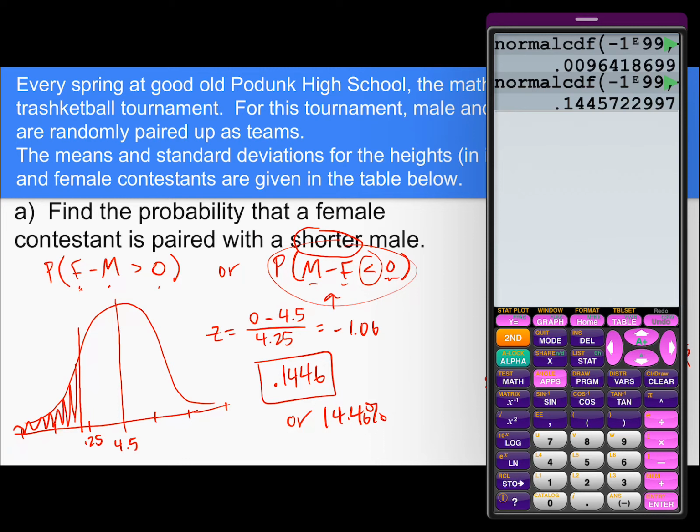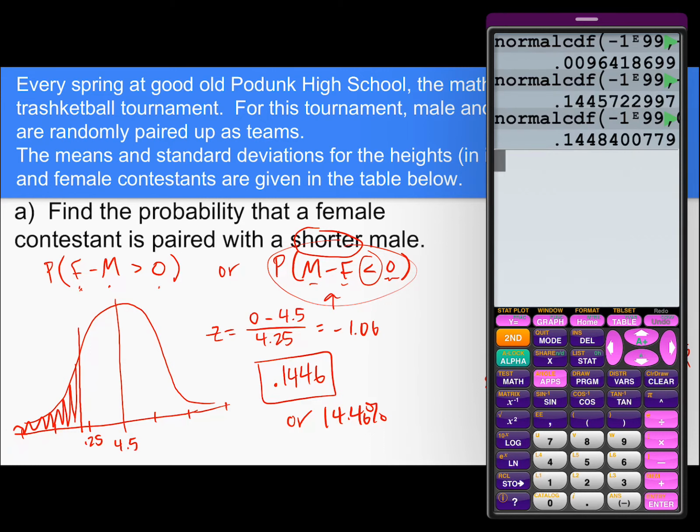I was pointing out on the calculator, doing it this way is not something I've talked about before. When we first learned calculator back at the beginning, I showed you where you would just put the numbers in there to begin with. So you could have done this. -1 E99 is my lower. My upper is 0, because I wanted to go all the way up to 0. And then I could have typed in the mean and standard deviation. And that should have gotten me an answer that's fairly close.